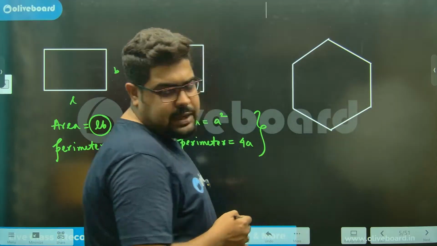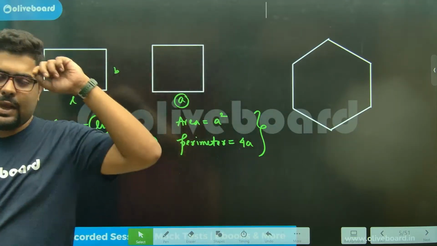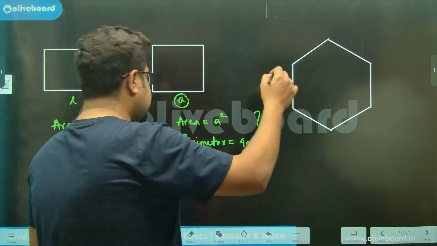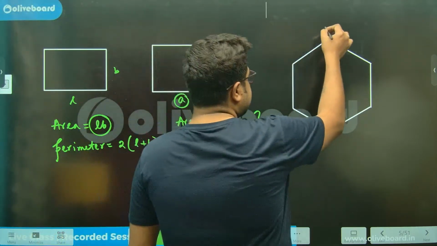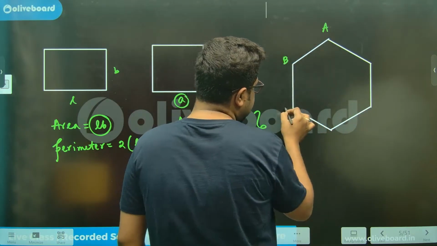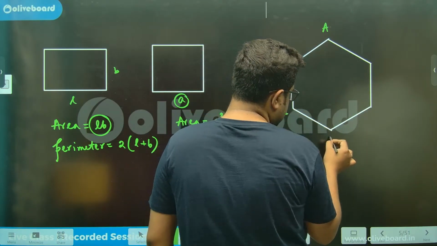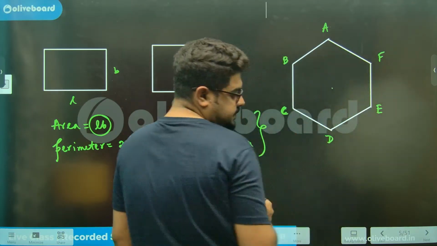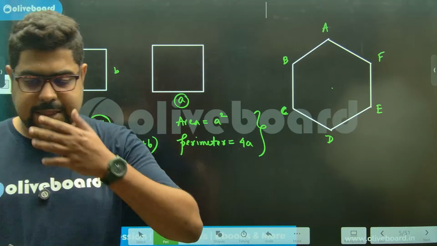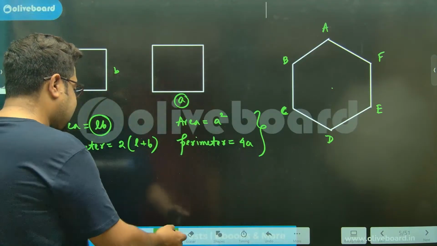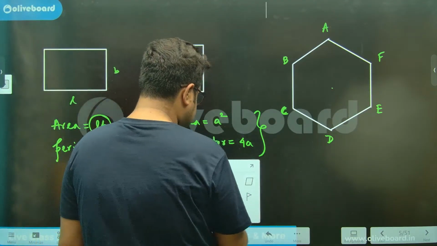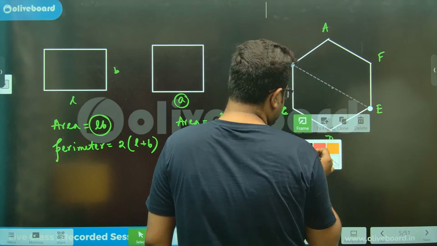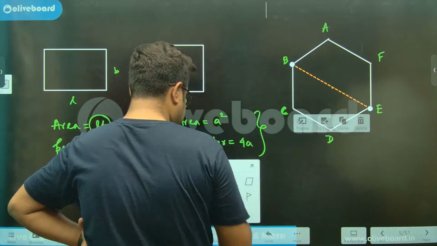Sir, if I draw a hexagon like this one, it should look like a regular one. Okay, let's say this is a hexagon. Please understand, in case of a hexagon, let's say A, B, C, D, E, F. If you take a center like this, and decide to draw all the diagonals here, you will find this is one diagonal.